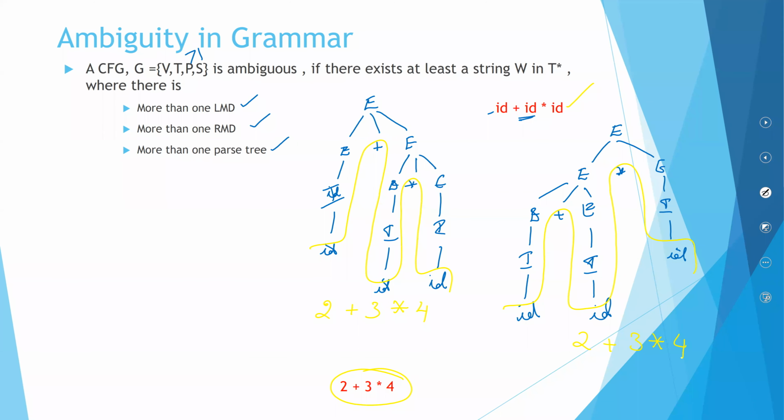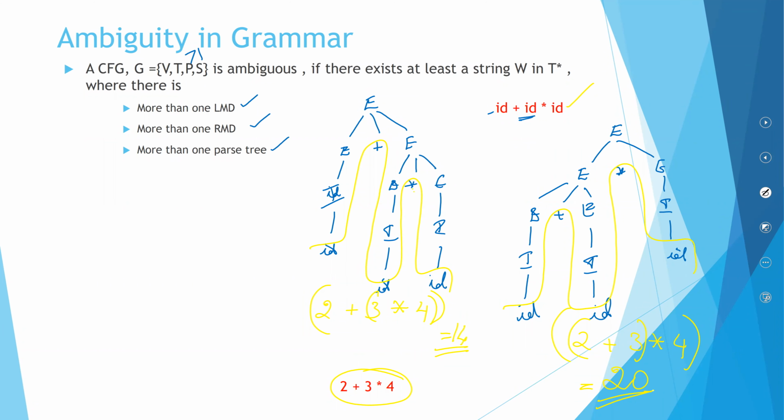Which is the lowest level? ID into ID. So this will happen first, followed by my plus, which means 4 3s are 12, plus 2. The answer is 14. If I go for this, plus is on a lower level, so this will happen first, followed by my into, which means 3 plus 2, 5 4s are 20. My answer is 20. So this is the problem if you have ambiguity in grammar.